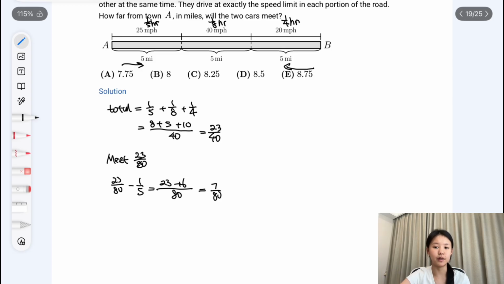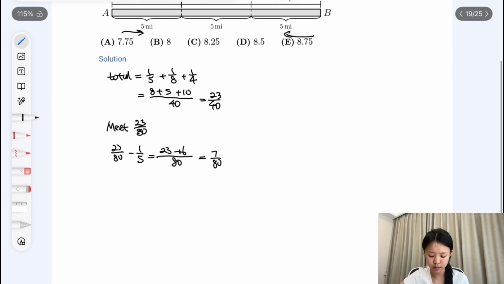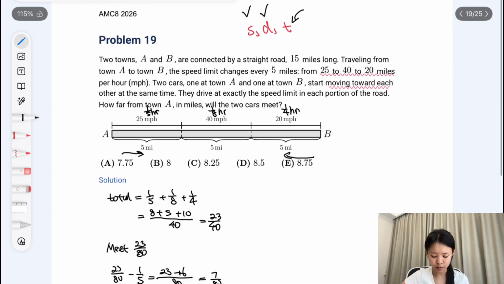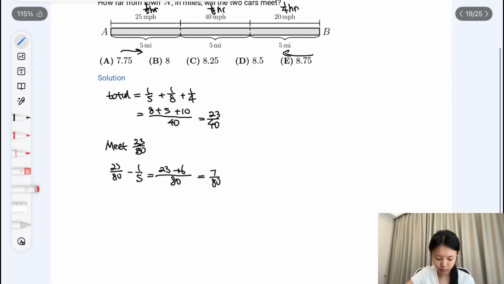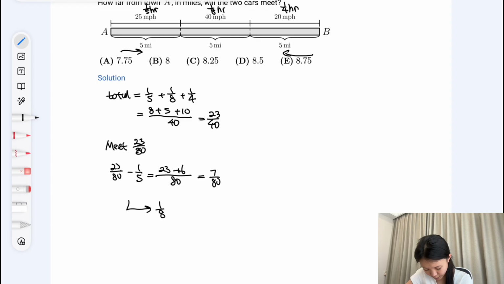So what 7/80 essentially means here is that this is the remaining time that they will have to travel within this section. Because we know that car A, let's just say it goes this way, it's going to be traveling all of this, and then it reaches some point within section B. Here you notice that 1/8 times 7/10 equals 7/80.